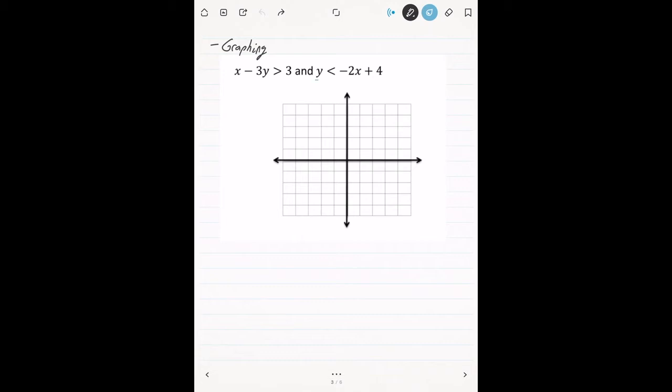I'm going to graph this inequality in blue. So y is less than negative 2x plus 4. I'm going to go up 4 units right here, and then go down 2 units and over 1, down 2 and over 1.